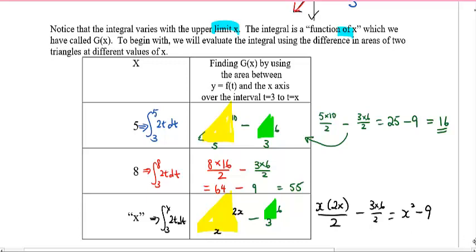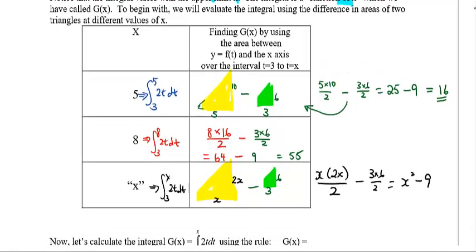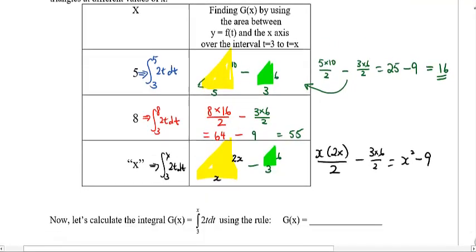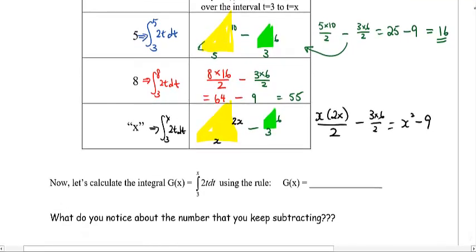Okay? And so ultimately now, what happens if I'm asking you to calculate the integral g of x, which of course is the area underneath the curve of 2t, starting from x equals 3 and ending at x equals x, using that particular rule. Well, what we found was that this g of x function is just equal to x squared minus 9.